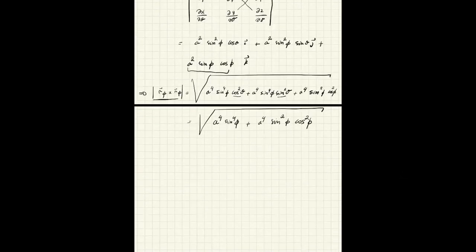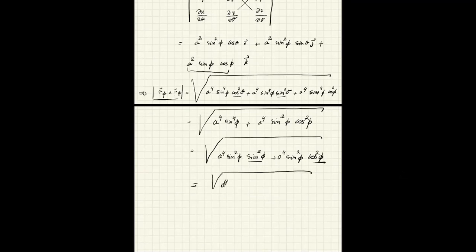Now again, some magic will happen here, as I said, because this is a to the power 4 sine square phi sine square phi plus a to the power 4 sine square phi cos square phi. Now again, you use the identity, which will give a to the power 4 sine square phi.